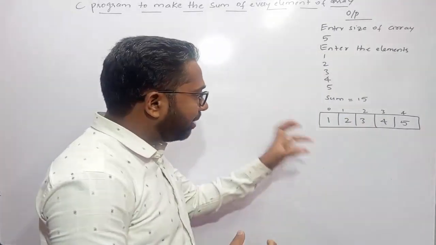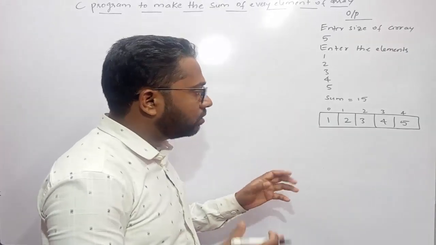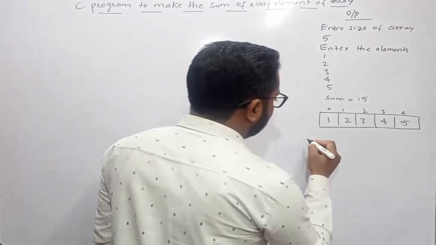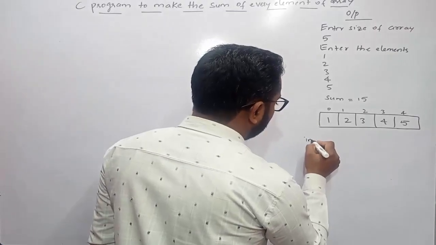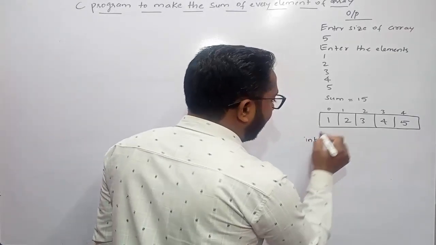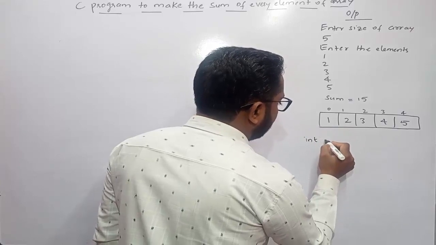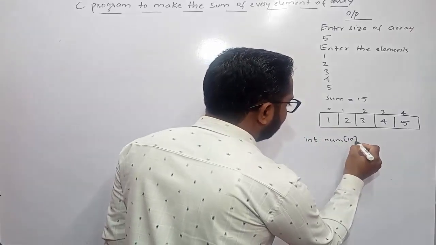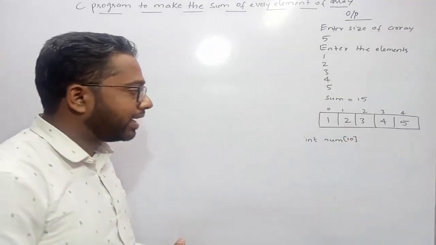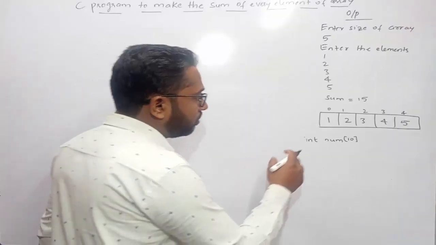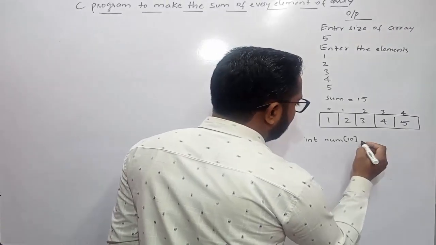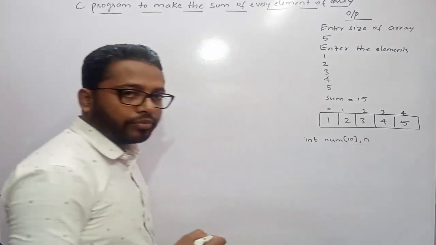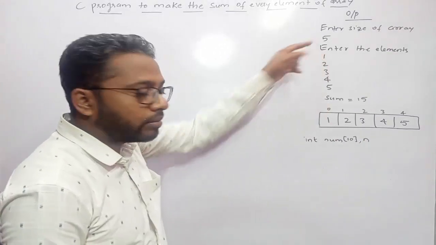To make the sum of these numbers, we need to declare a few variables. First we need to declare an integer array num, and let us say the size of this array is 10. That means maximum I can store 10 numbers. Apart from this array variable we should create one more variable, say n, to store the size.